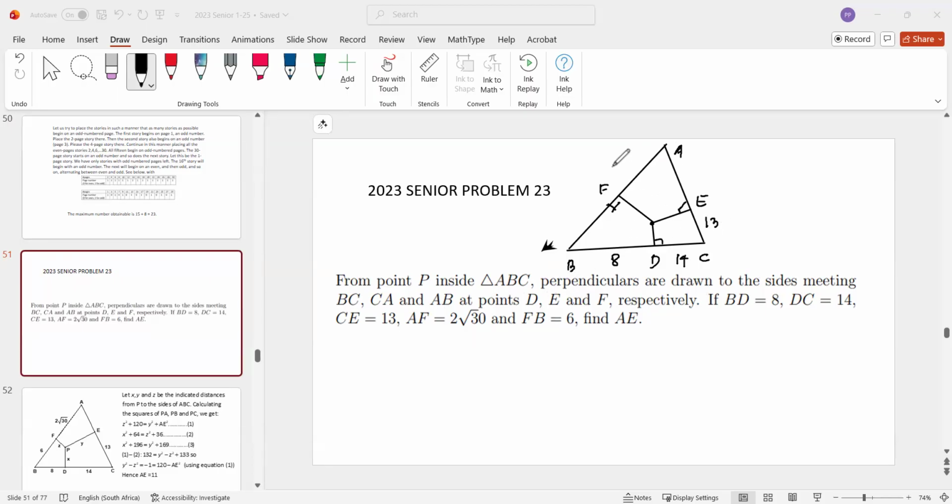AF is 2 root 30. That's AF, and FB is 6. You can see this is left out here, AE. And that's the question. The question is to find AE.